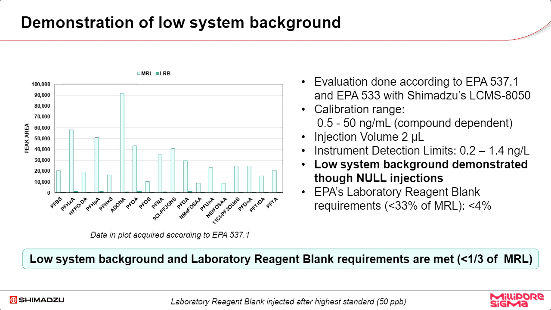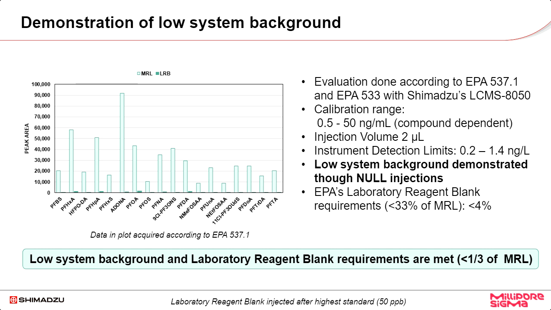Now, another parameter that is essential and it's required in 537.1 and 533, and that's the demonstration of low system background. The method says that the laboratory reagent blank, or LRB, has to be less than a third of the method reporting limit.